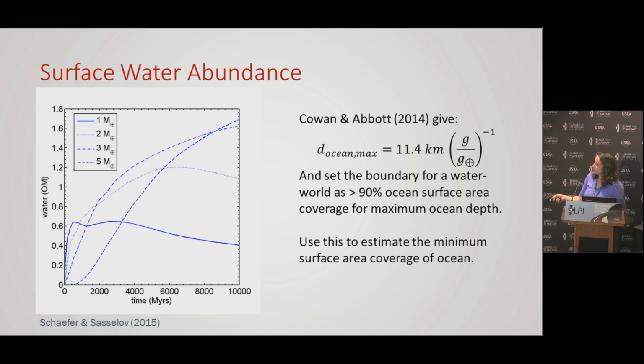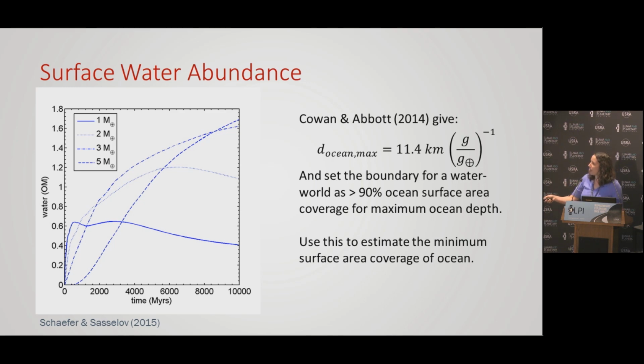So this is work from 2015, where what I'm showing you here is the amount of water that is outgassed on a particular planet as a function of time for different planet masses. So this solid line is a planet the size of the Earth, and then this dashed line here is a 5 Earth mass planet. And there's 2 and 3 in between.